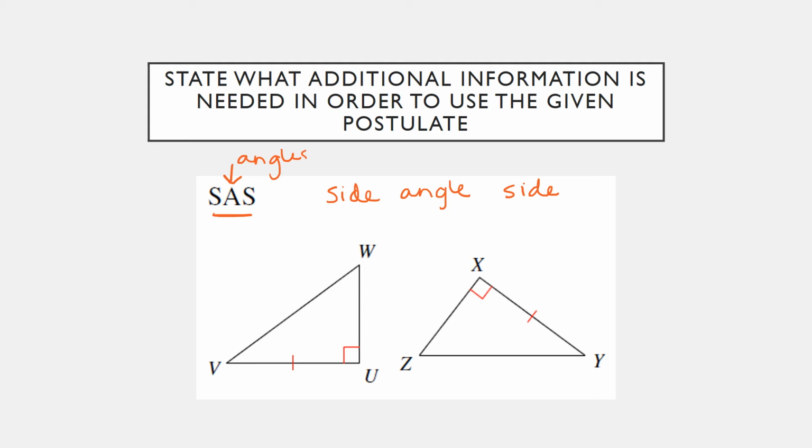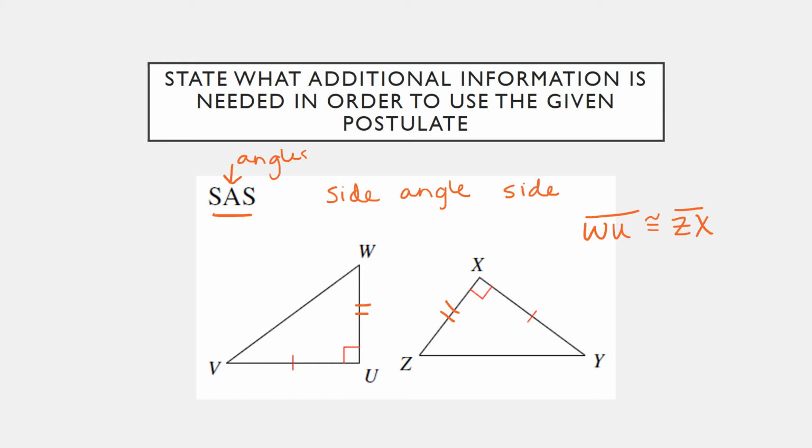So what are the other sides I would need to know are congruent in order to prove these two triangles are congruent by SAS? I hope we're thinking that these other sides make up my angle, so the two sides that I have congruent would be the ones that include the angle that is 90 degrees. So in order to write this, I would write WU is congruent to ZX.